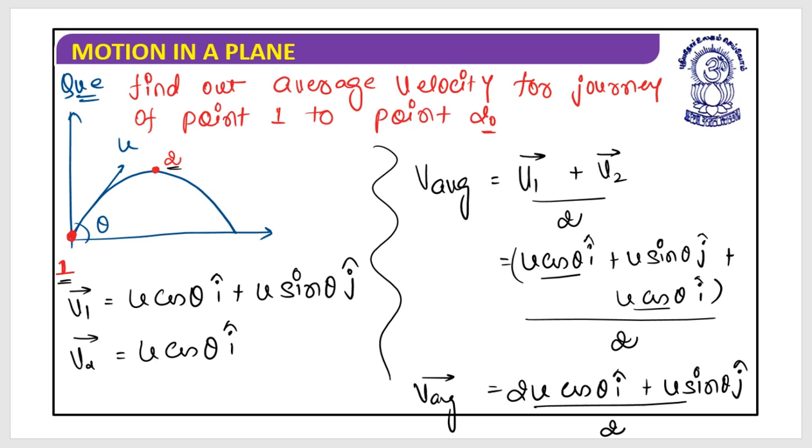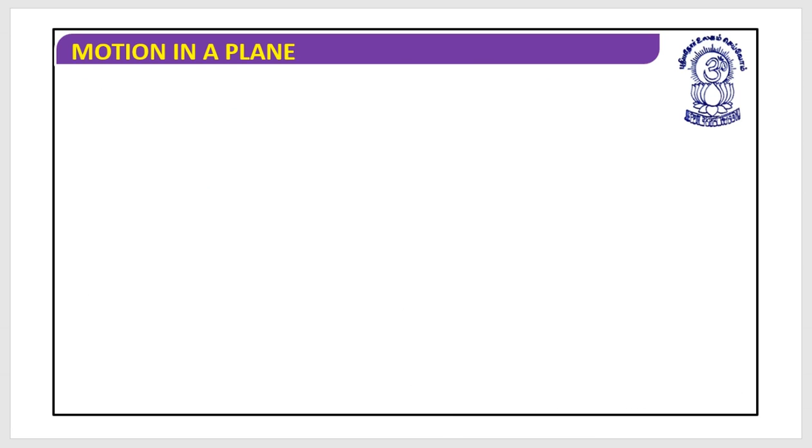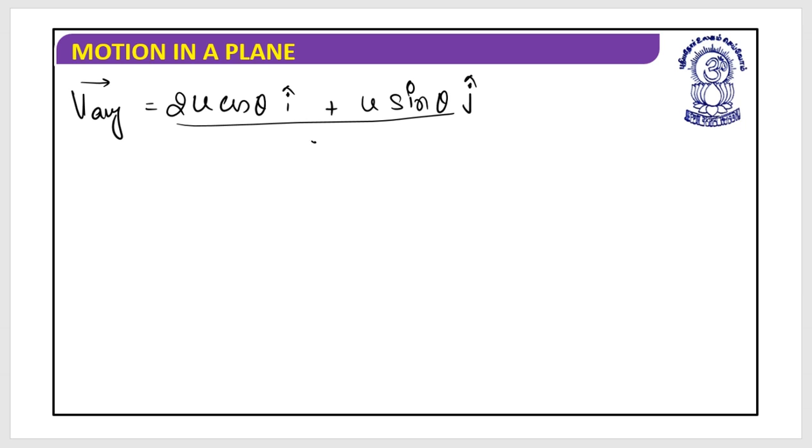This is v average, but again it's in vector component form. So if I want the magnitude of this, it is 2u cos theta i cap plus u sin theta j cap, divided by 2.